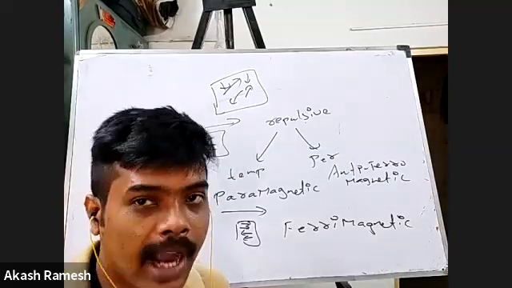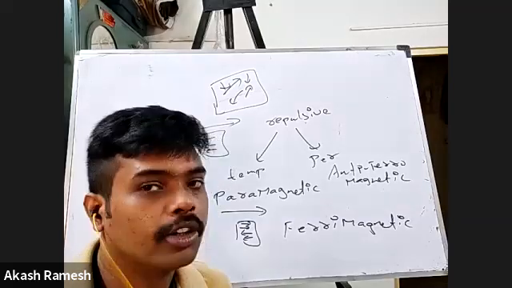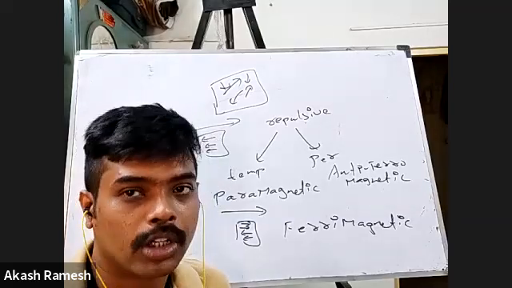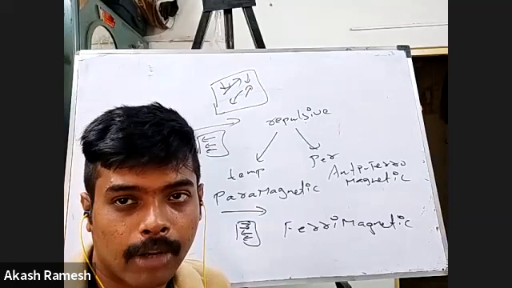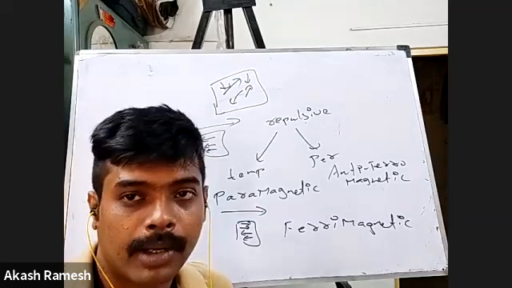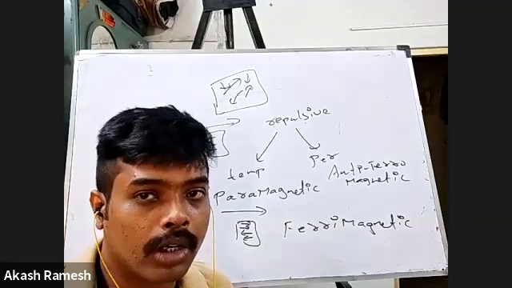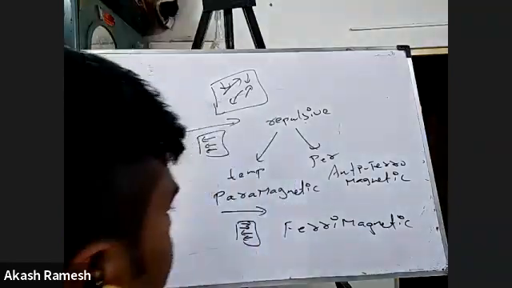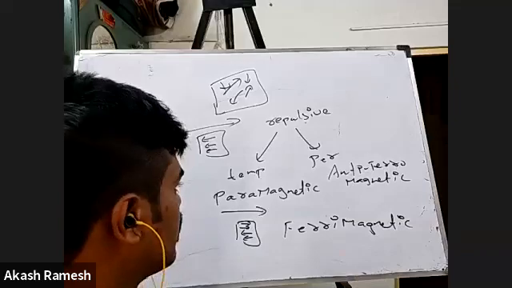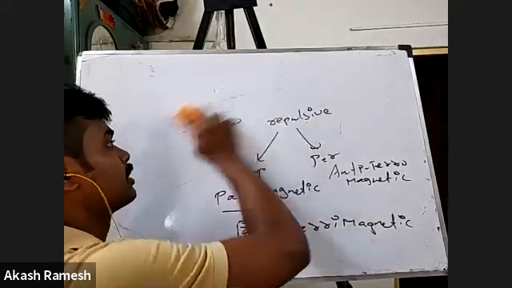But ferromagnetic, antiferromagnetic, ferrimagnetic, those things we will not be able to predict. Only two things we will predict: whether it's going to be a paramagnetic species or a diamagnetic species. So we'll see how we are going to do that. Okay, so these are about the different types of magnetic substances.